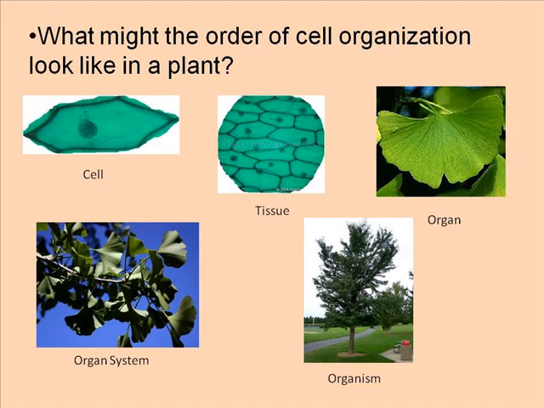Under the microscope, we have a cell, and those cells join together in the second picture and make a tissue. Those tissues join together and make an organ like a leaf or a stem. When we have leaves and stems working together, that makes up an organ system. And when we put all the organ systems of the tree together, we have the organism, which is the tree itself.